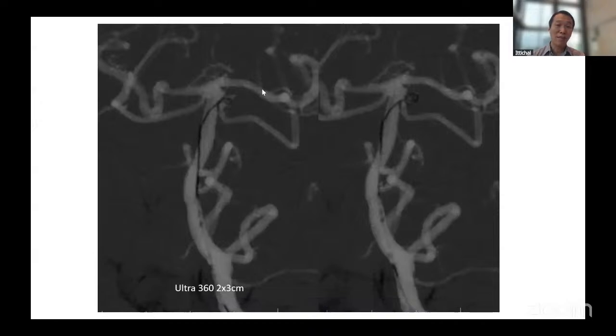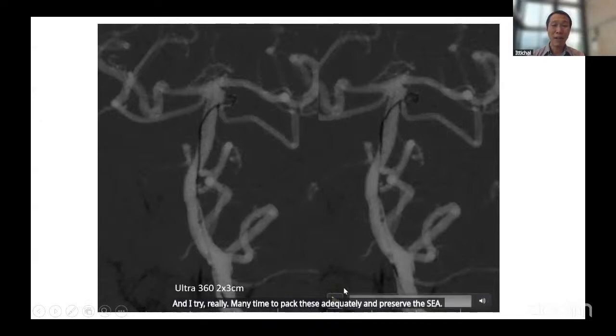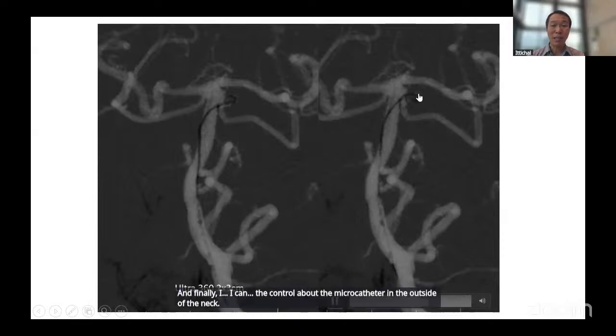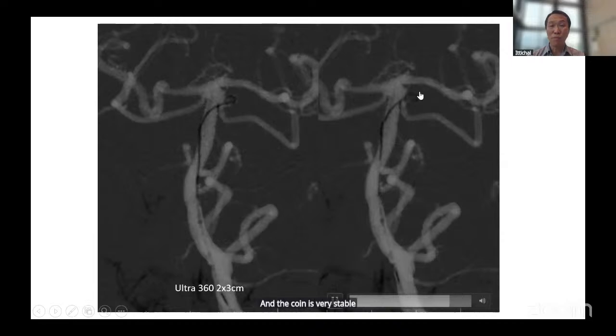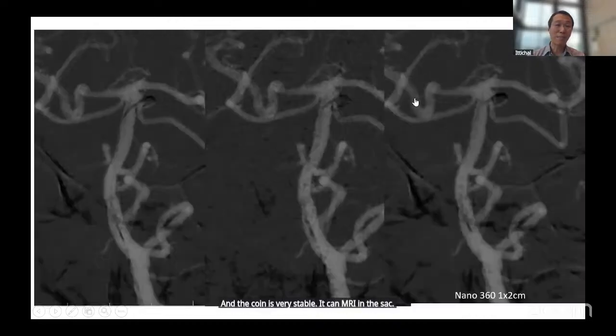I tried many times to pack it adequately and preserve the SCA. Finally, I could control the microcatheter outside of the neck, and the coil was very stable and could embolize the sac like this.